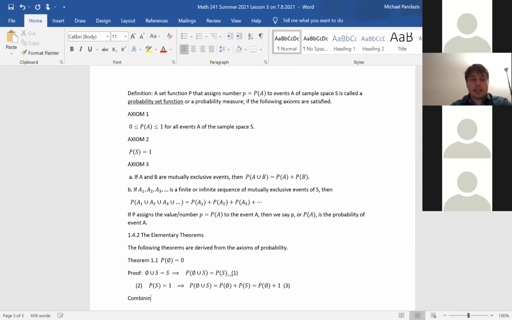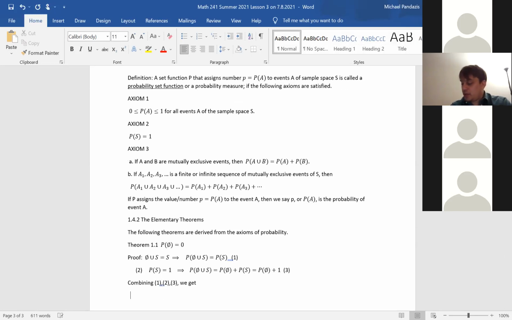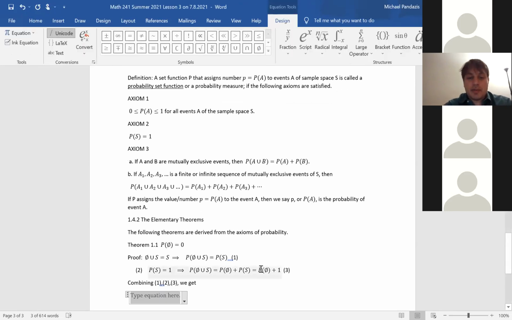So combining 1, 2, and 3, what we get is that P of the null set plus 1 is equal to P of the null set plus P of S, which is equal to P of the empty set union S, which is equal to P of S, which is equal to 1.